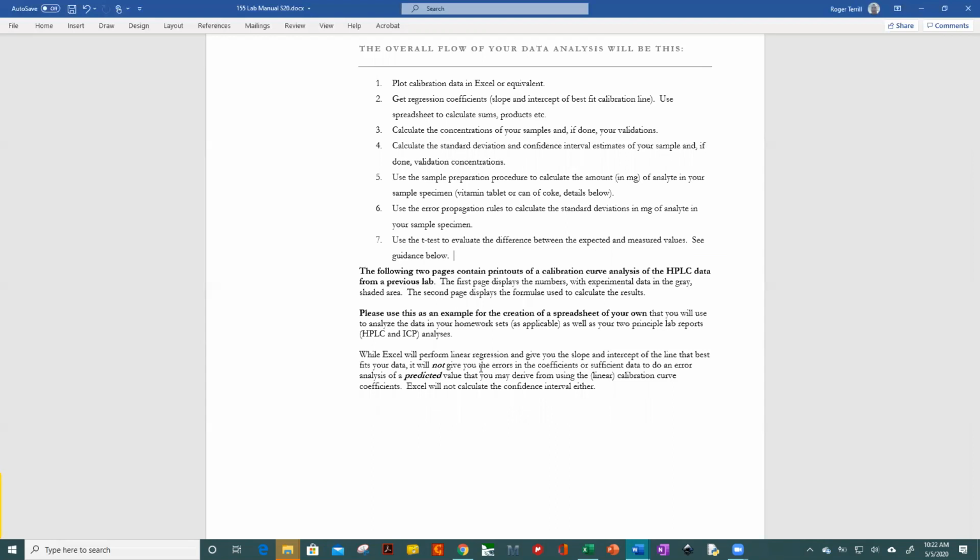So that's where we are in some cases. Or if the error is more reasonable, if it's only a couple of milligrams and you get 40 when it's supposed to be 20, then you can say this is an enormous error, and it probably has to do with our sample preparation.